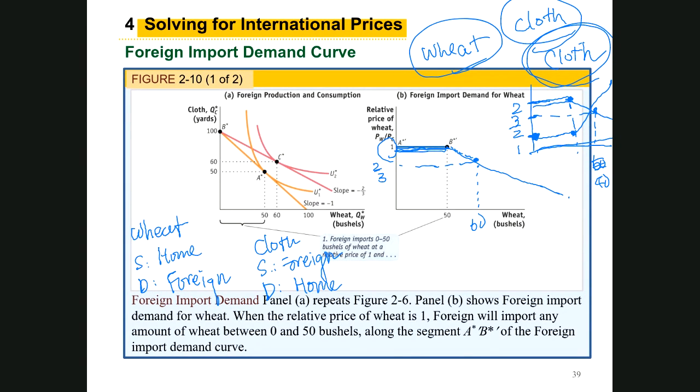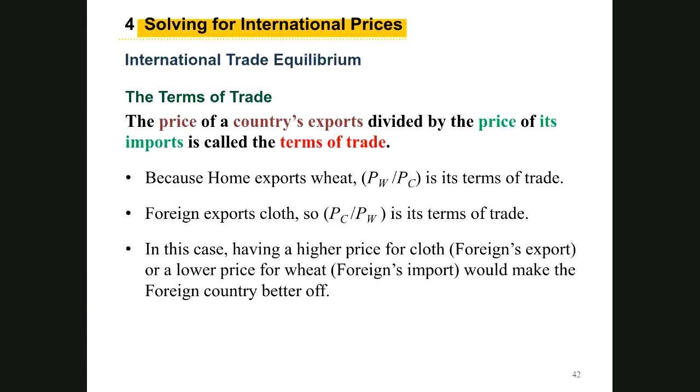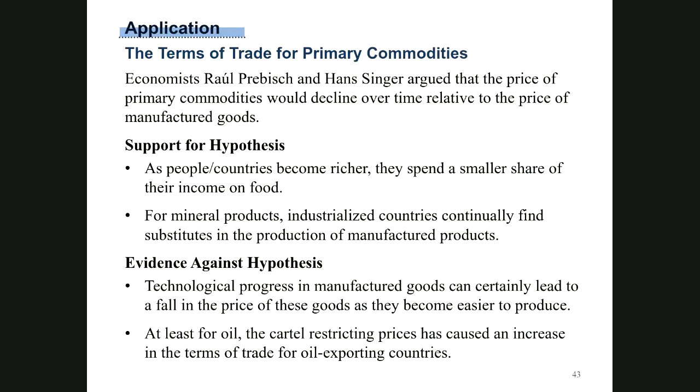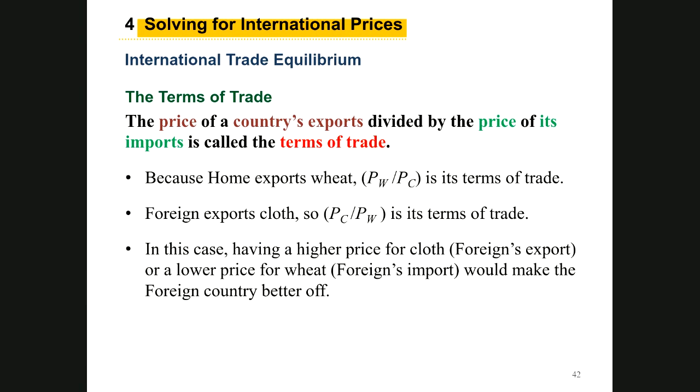Okay, last but not least, there's one more term I would like to mention: what is the meaning of terms of trade? Terms of trade is the price ratio of two goods. If you only have two goods and you produce two goods, it's the price of the exporting good over the price of the importing good.